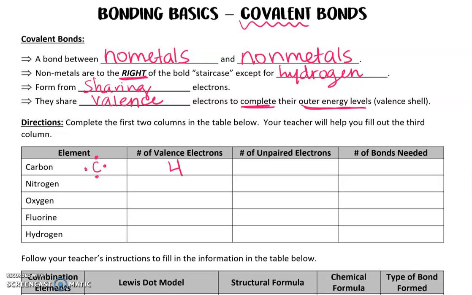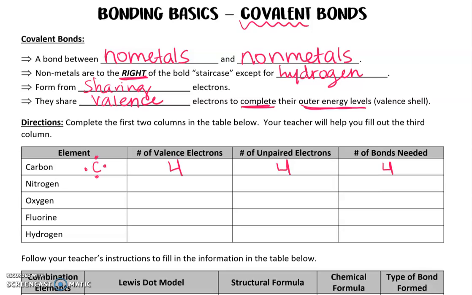Okay, and if you look, you'll notice that all 4 of these electrons that are drawn in the Lewis structure don't have a little buddy next to them, so they're considered unpaired electrons. So it has 4 unpaired electrons. Now, since it has 4 unpaired electrons, that's the exact number of bonds that carbon can make. It needs to make 4 bonds in order to complete its valence shell.